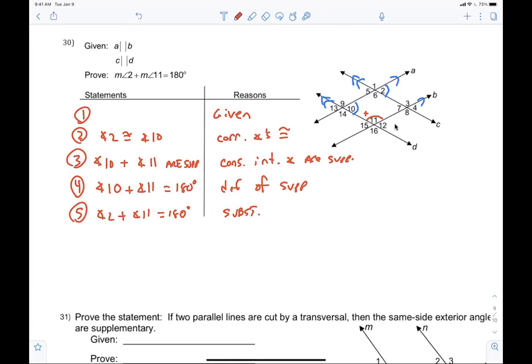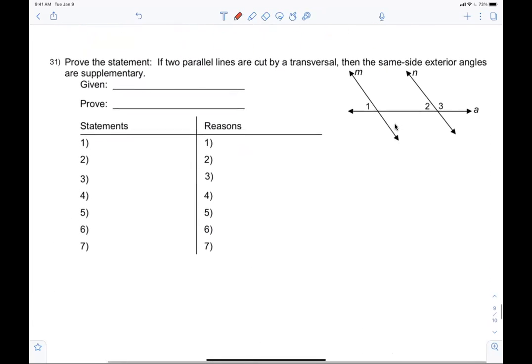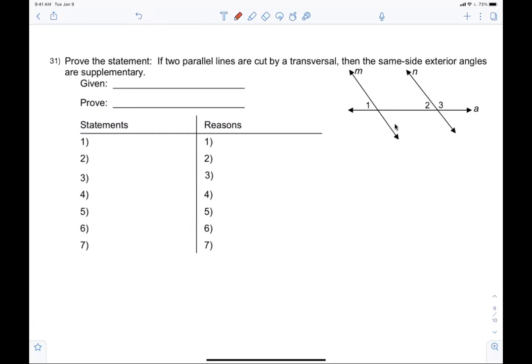All right, let's knock out 31. If two parallel lines are cut by a transversal, then the same side exterior angles are supplementary. I kind of like this. So what is the given, guys? I made you write this one out. What's the given? I put angle 2 and angle 3 are supplementary. No, the given. I put M parallel to N. Yes, if two lines are parallel.